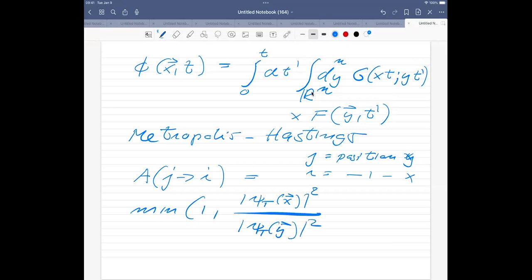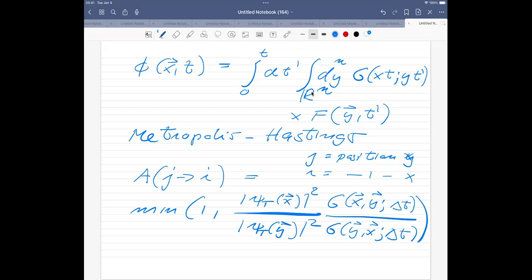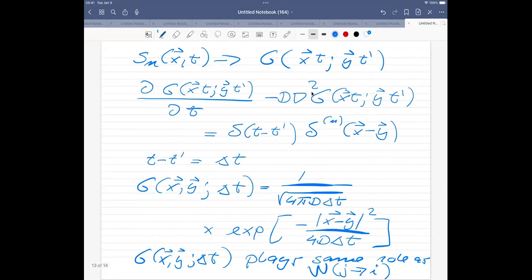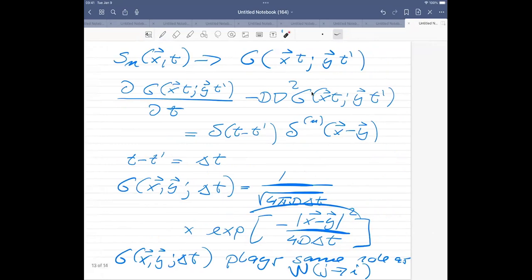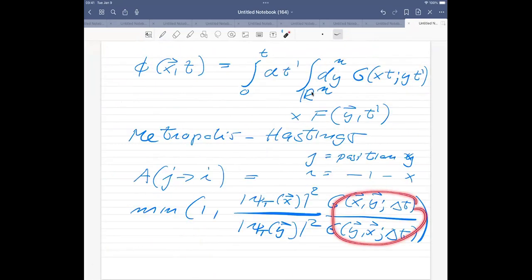But now I'm having this Green's function, where I now have the process of going from x to y in a time step delta t divided by g of y, x, delta t. Now, if I use this as an equation, and I use only the solution to the diffusion problem with a fundamental probability transition, which is this one here, then this ratio is going to be equal to 1.